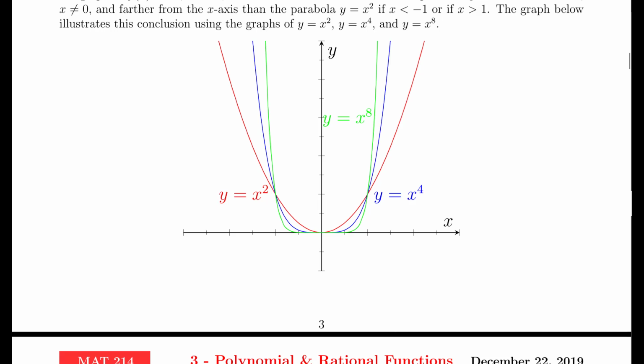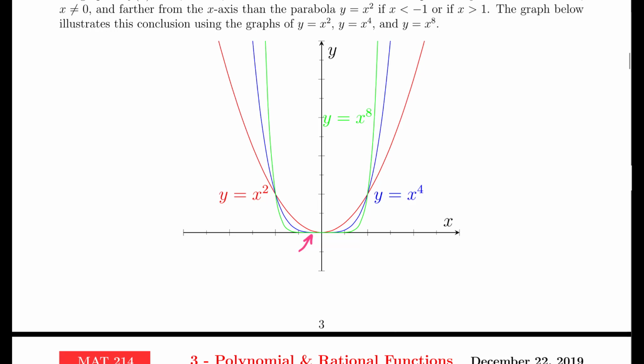We've gone up 2 degrees on the polynomial expression, and the graph still looks very similar to x squared, but its vertex is flattening out some. And when we go up to a degree 8, again we have a very similar graph to x squared, but the vertex has flattened out even more.